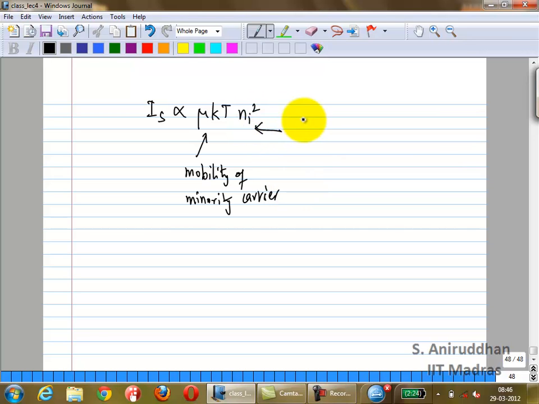Similarly, ni is the intrinsic minority carrier concentration of silicon. We'll come to that. We'll see there are ways it doesn't have to directly depend on IC. Right now we'll just do it this way.